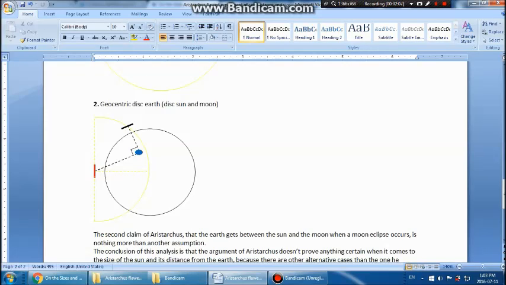For the geocentric disk earth now, I have represented almost the same diagram. We have now a disk sun and moon, which are represented by the red line and the black line, the earth, which is a disk, and the observer, which is represented by the same blue ellipse.